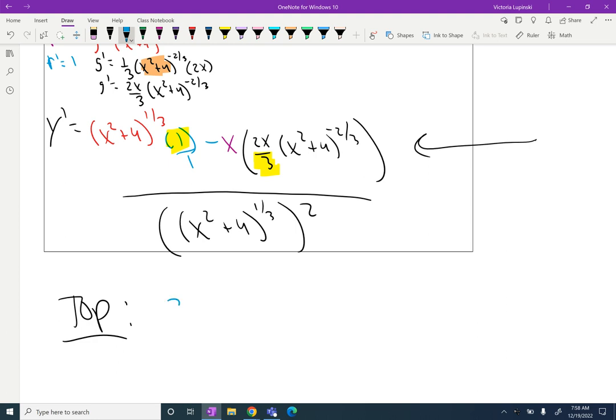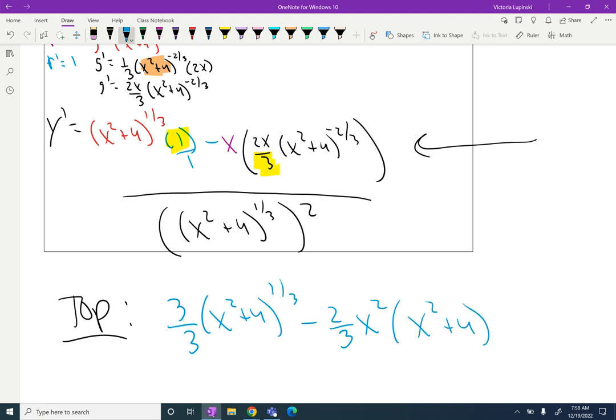So I'm going to write this as 3/3 x squared plus 4 to the 1/3 minus 2/3 x squared plus 4 to the negative 2/3. And again, just to be clear, this is just the top. I'm going to leave the bottom out for a second so I don't have to keep writing it.